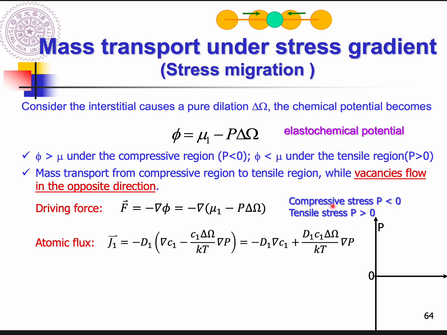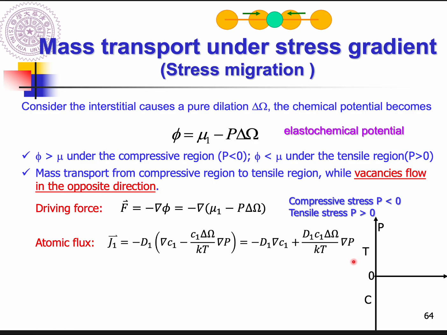As you know, compressive stress is negative, so we have the compressive stress here. The larger compressive stress will be more negative, the smaller compressive stress will be less negative, and the upper portion will be positive, the tensile stress, so we use a T to represent it.